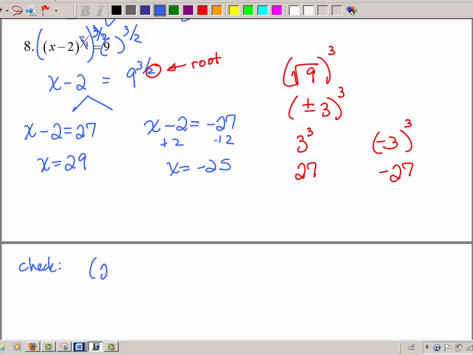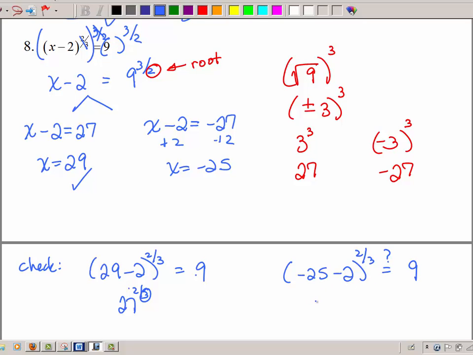So we have 29 minus 2 to the 2/3 power. Does that equal 9? Well, that's 27. Okay, the cube root of 27 is 3, squared is 9. That checks. Right? What about negative 25 minus 2 to the 2/3 power? Does that equal 9? Well, that's negative 27.